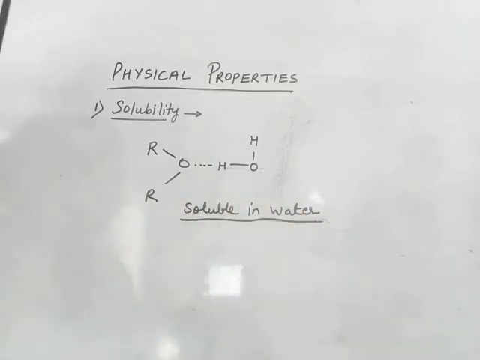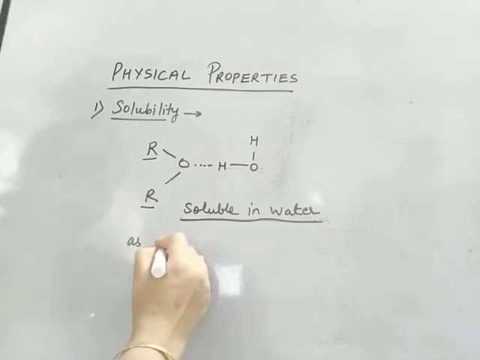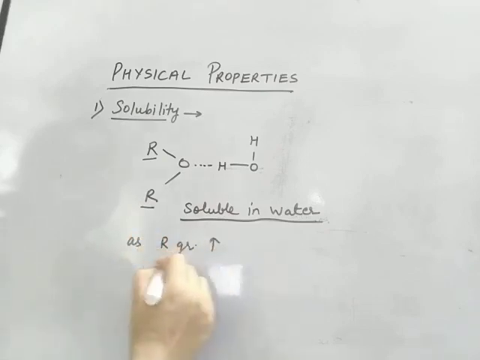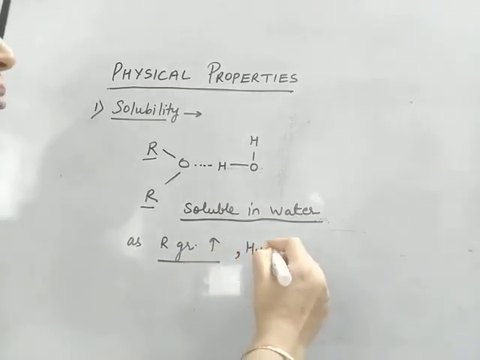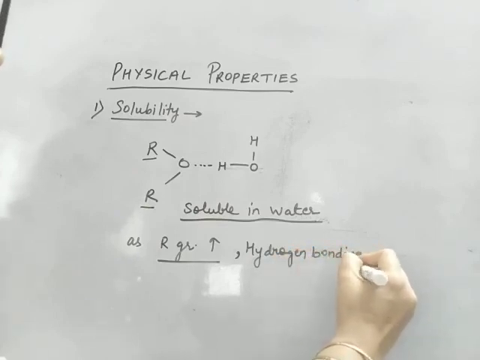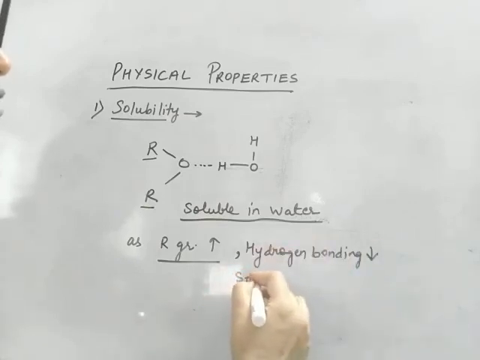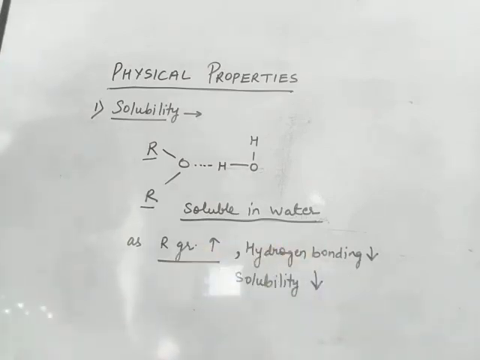Now what happens as the size of this R group increases? This R part is the non-polar part, so this hydrogen bonding decreases, and if hydrogen bonding decreases, your solubility in water will also decrease. So smaller ethers are water soluble, but the higher ethers become insoluble in water.